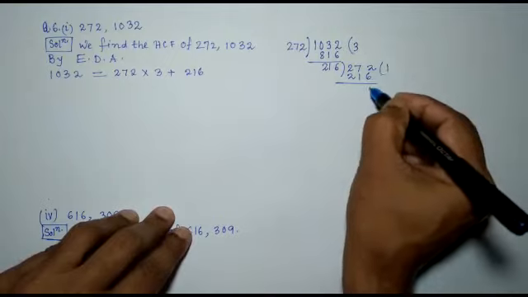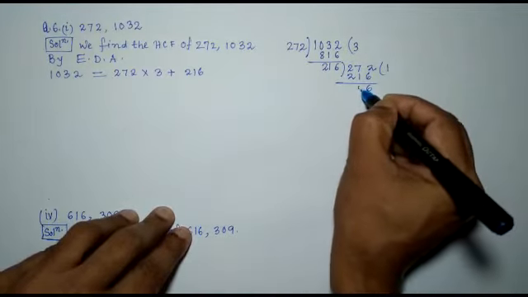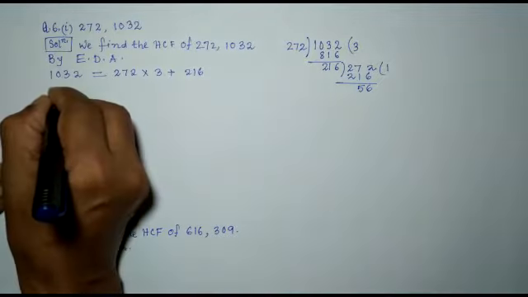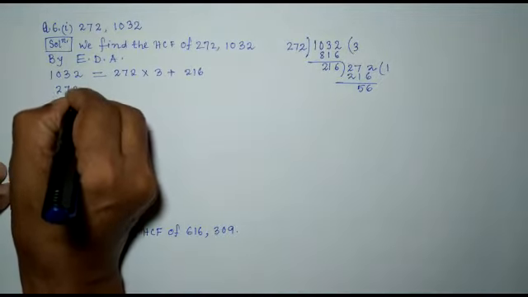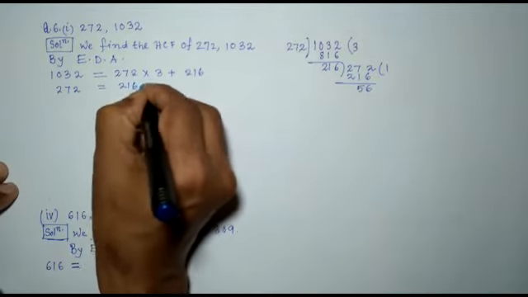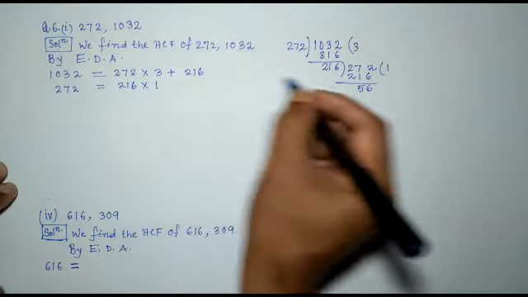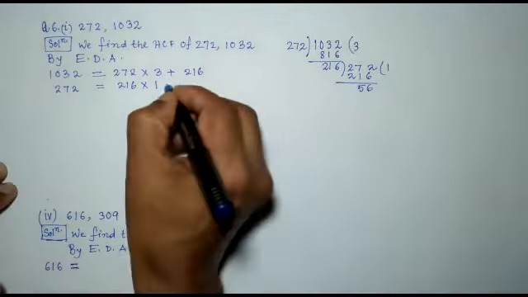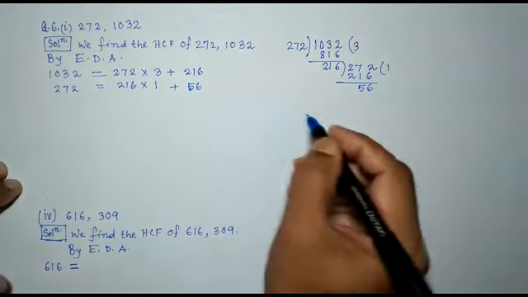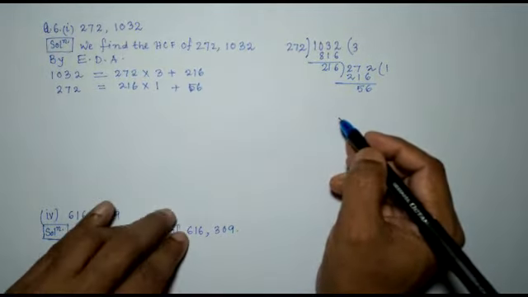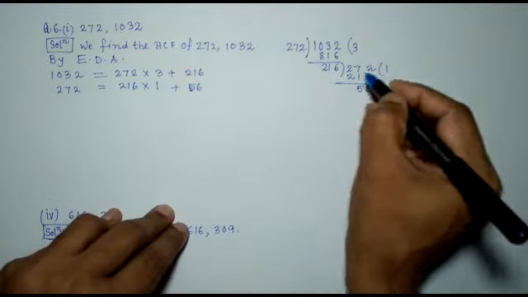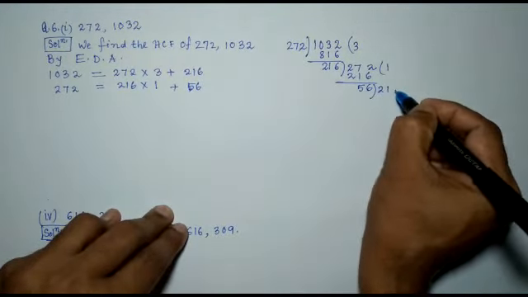216. Subtracting we get here 6 and then here is 56. So write, for this division, see, dividend is 272 and what is the divisor? It is 216 into quotient is 1, look here, and the remainder is 56. So we continue our procedure until we get the remainder 0. So now by 56 we divide 216.